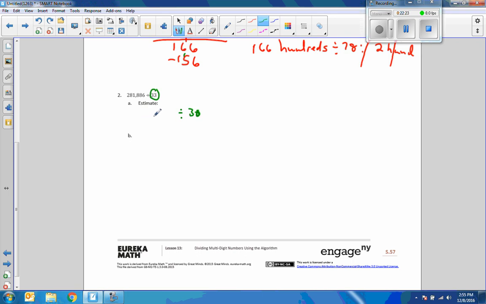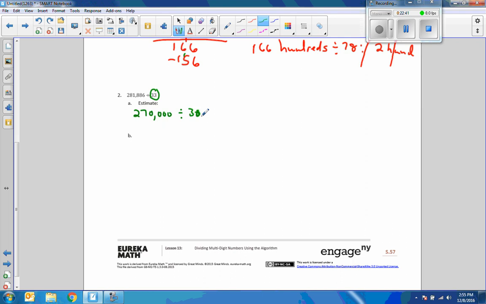Let's round it to, we have to do factors, right? We want to round it to a factor. 30 won't go into 28, but 30 will go into 27. So let's do 270,000. So you want to find what your divisor is going to go into the dividend evenly.